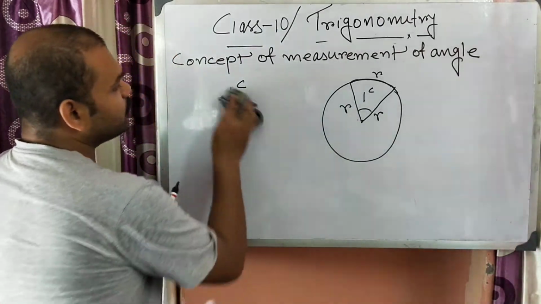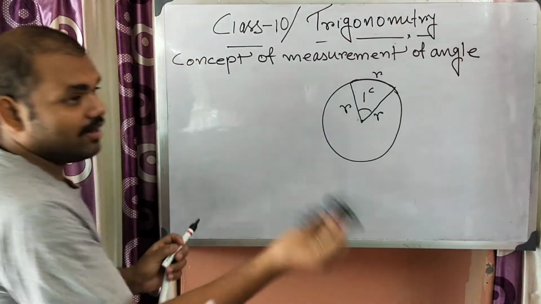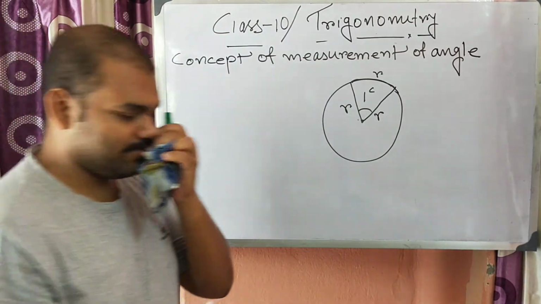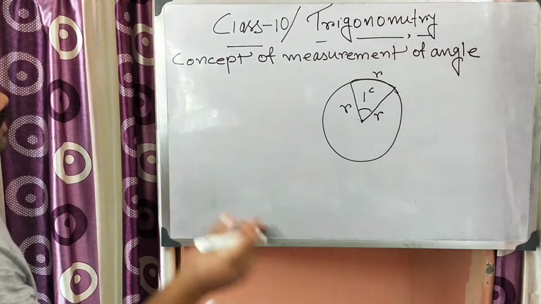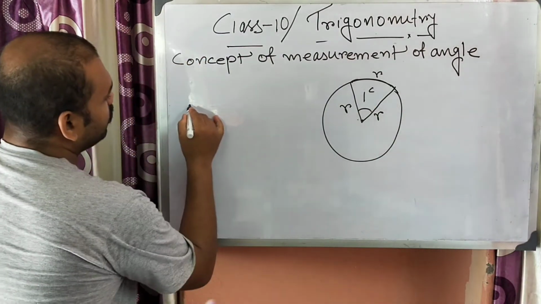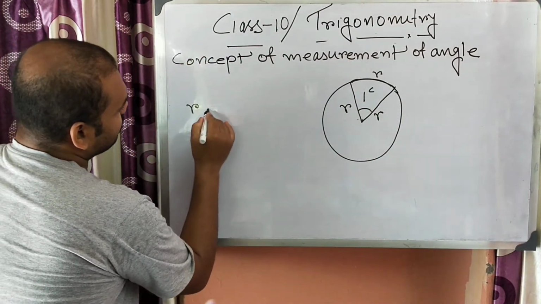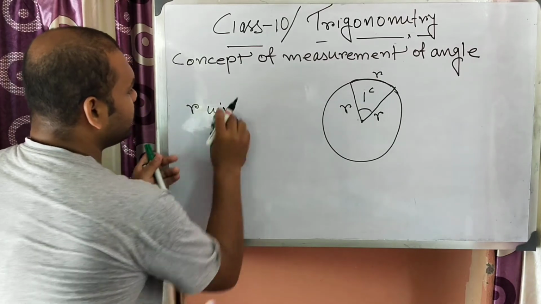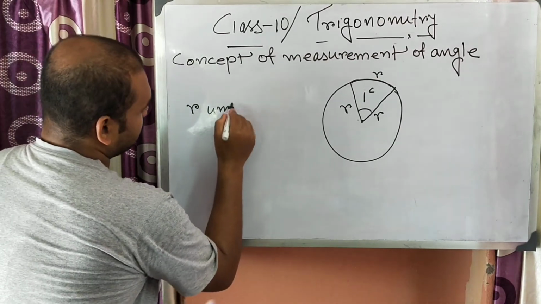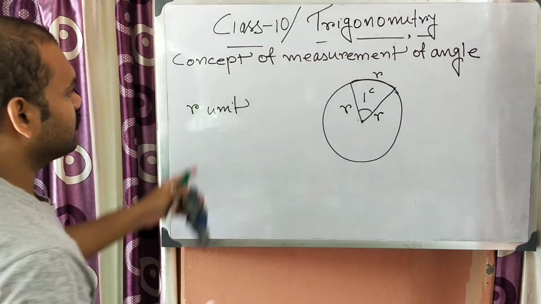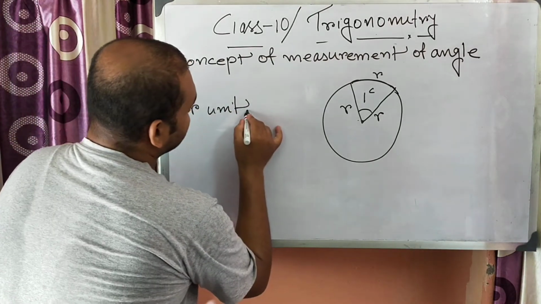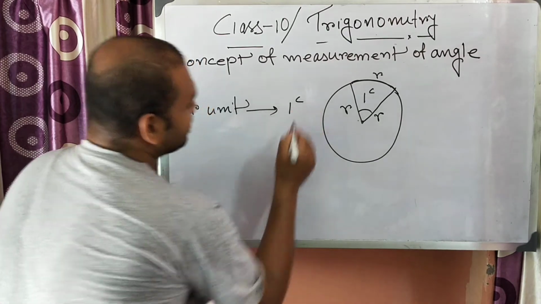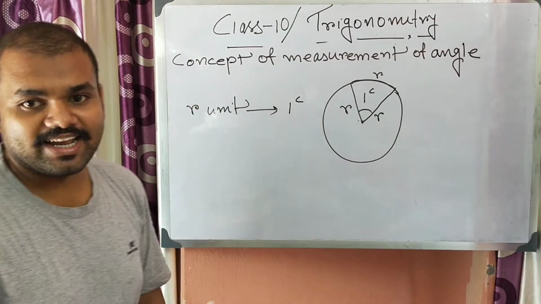Now the relation between 1 radian and degree, that is, the relation between the circular system and the sexagesimal system. Very easy. An arc of r units, where r is the unit of length, subtends an angle of 1 radian at the center.